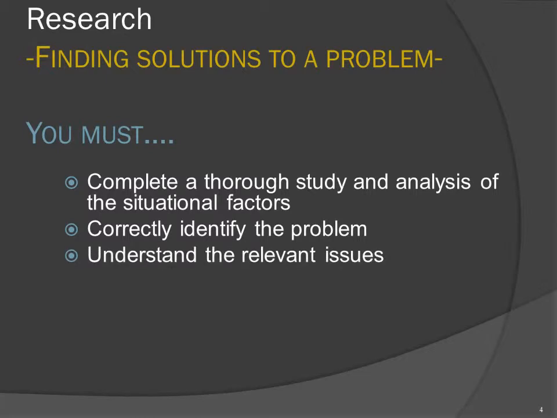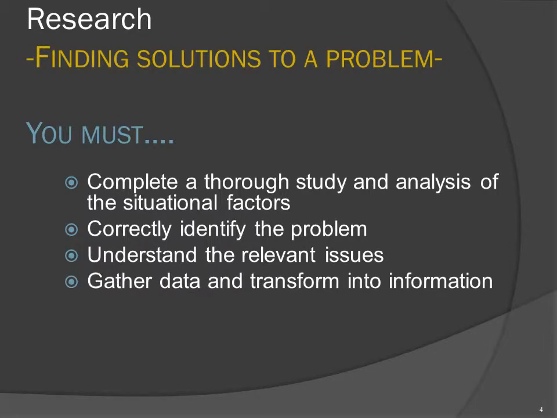You must understand the issues surrounding the problem you're investigating, and to do that, you need to do research. You need to go out and look and learn about the topic. So you've got to gather that data, and for this research paper, you have to integrate and synthesize across multiple sources to provide your analysis of the topic.